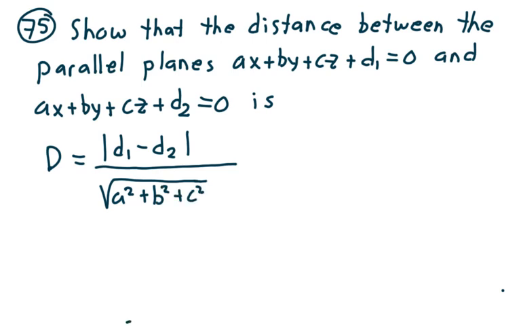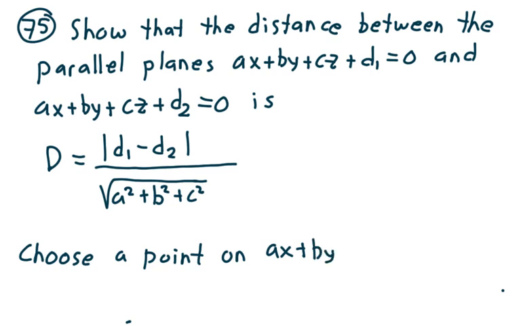And so the way this works is I'm going to choose a point on the first plane. Could I choose a point on the second plane? Absolutely. Okay, for the record. So I'm going to choose a point on AX plus BY plus CZ plus D1 equals 0.